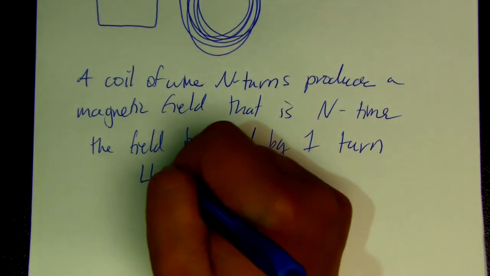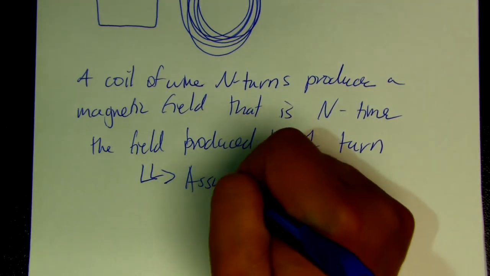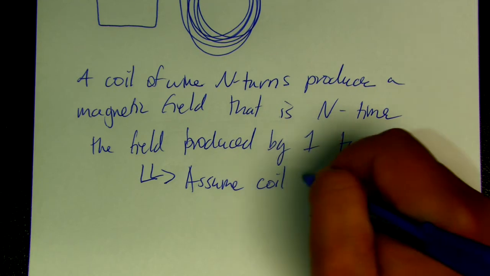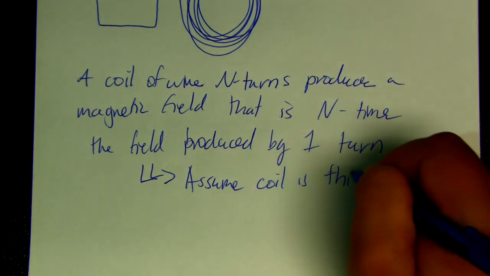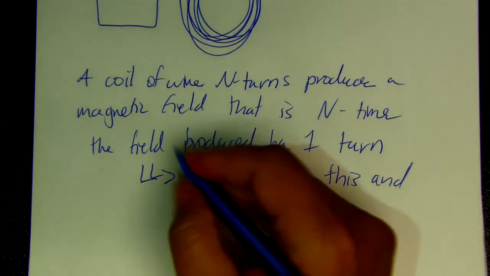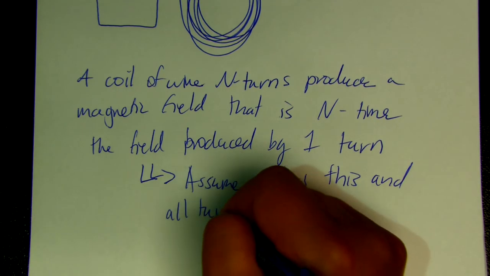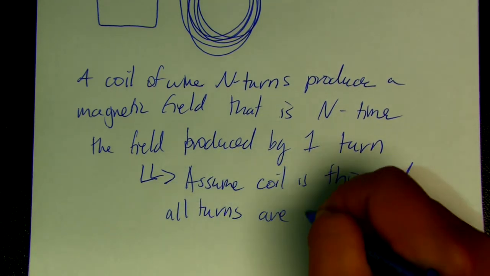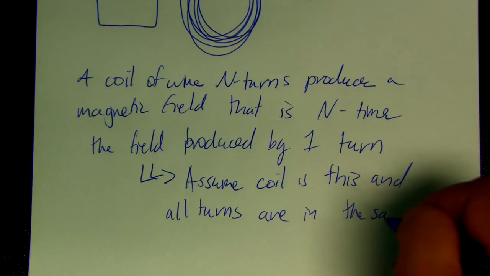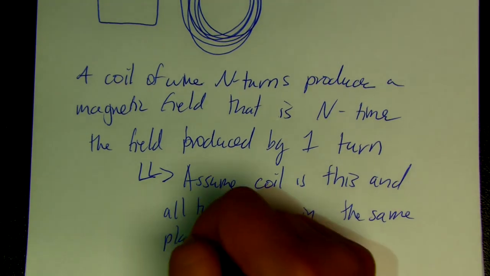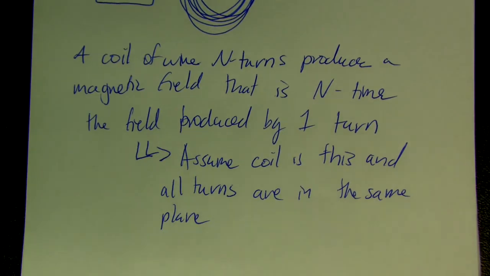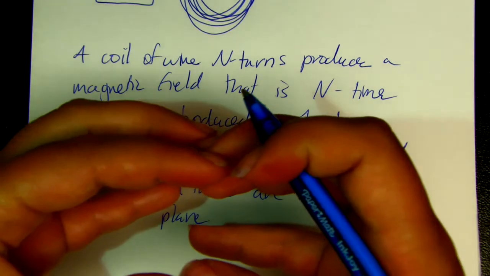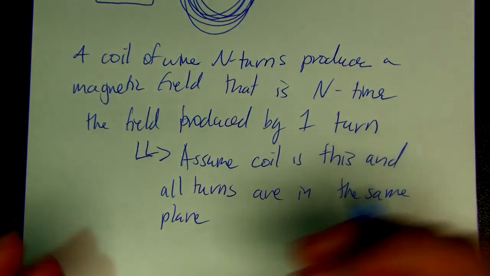And for this, you need to assume the coil is thin and all turns are in the same plane. So if you have too many turns and you start to get a lot of volume, then this doesn't hold.